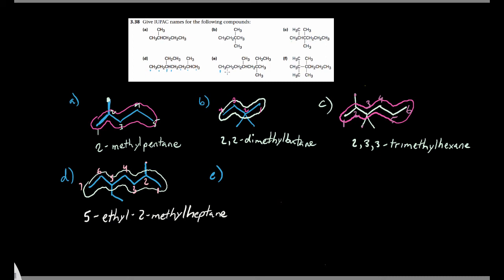So we have 1, 2, 3, 4, 5, 6, 7, 8. So I'm going to draw this 8-carbon chain here. And I'll just draw it the way we have it here. 1, 2, 3, 4, 5, 6, 7, 8.